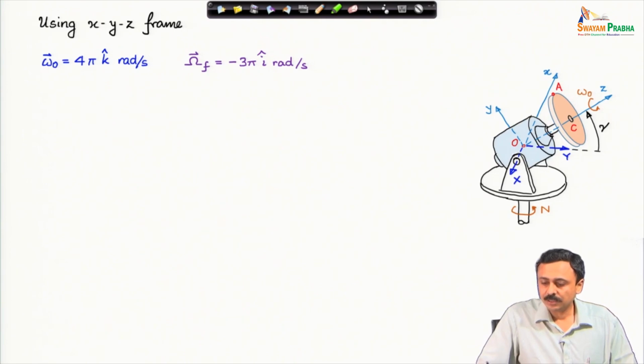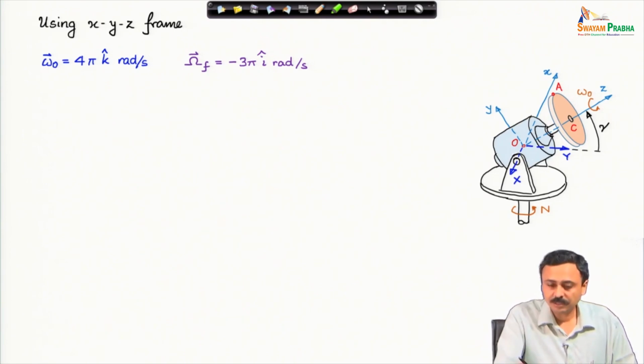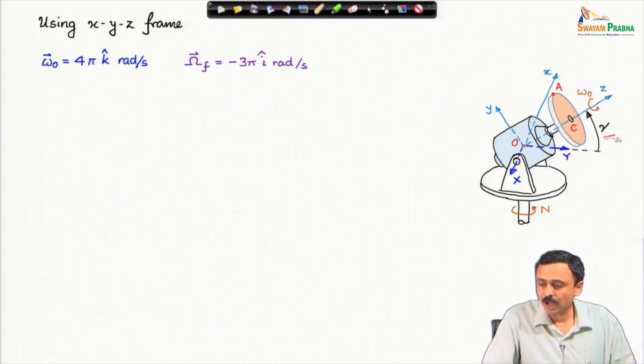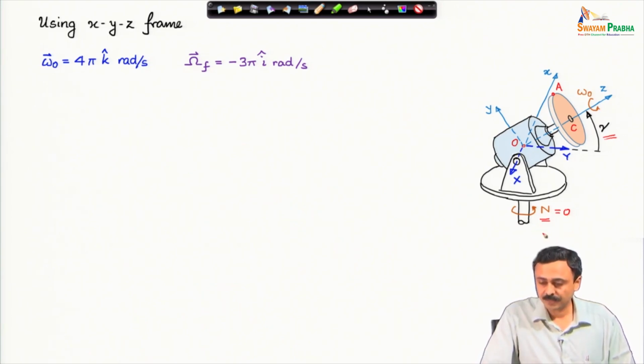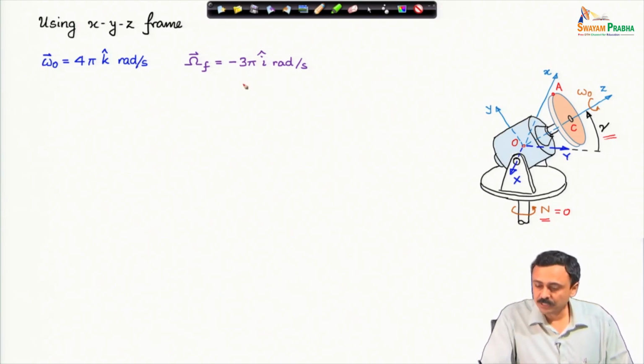Frame angular velocity: the frame is rotating because gamma is changing. It could have rotated also if n were non-zero, but since in this problem n equals 0, the frame is not rotating because of n, it is only changing because of gamma, and that is expressed as minus 3 pi I cap. You must note that gamma is increasing at 3 pi radian per second in the counterclockwise direction as seen from the capital X axis.